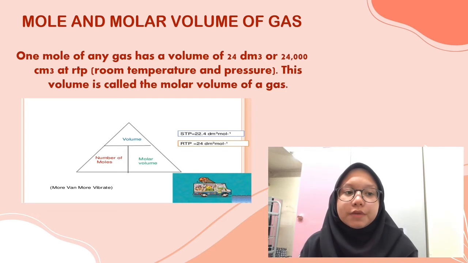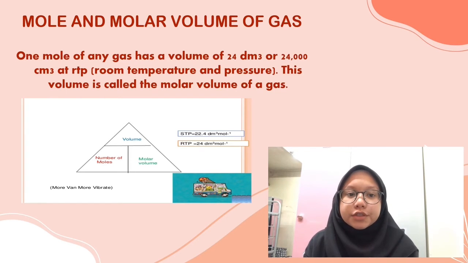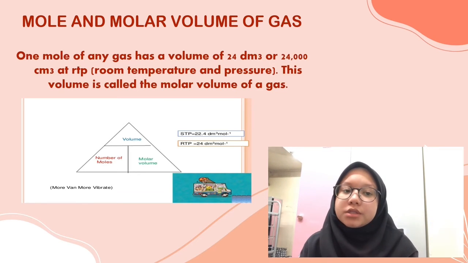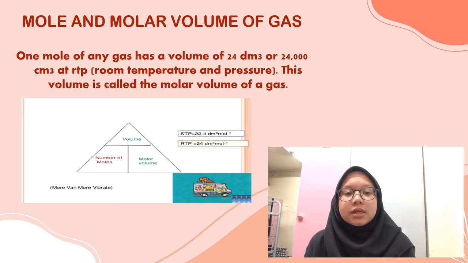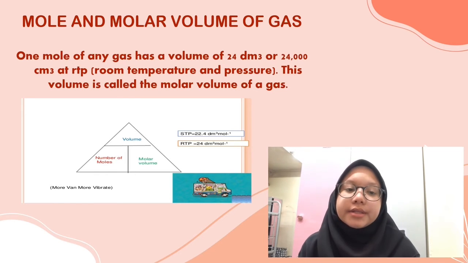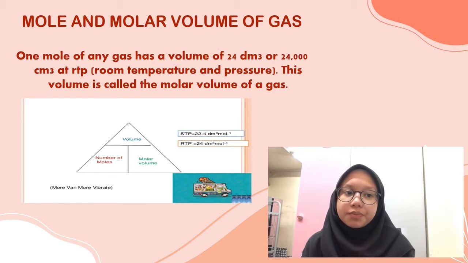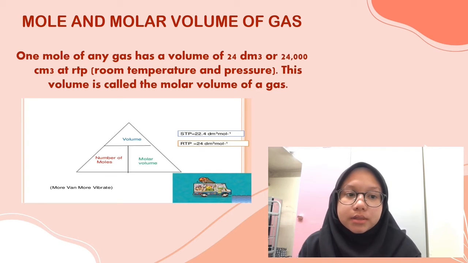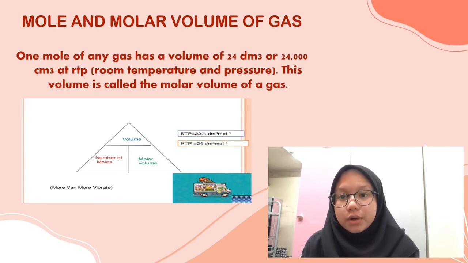The volume of gas depends on the pressure and temperature. Right now we have two conditions: standard temperature and pressure, or STP, where the value is 22.4 liters, and room temperature and pressure, or RTP, where the value is 24 liters.